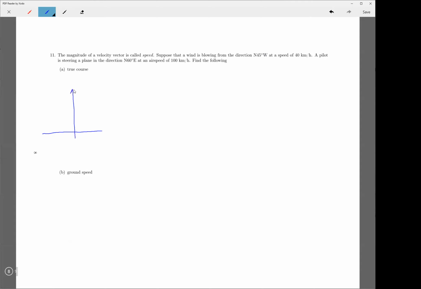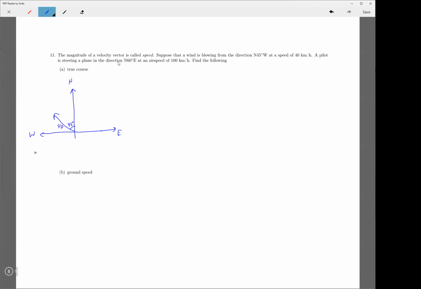So this is north, and west is over here, and east goes to the right. So the wind is blowing in this direction, and this is 45 degrees right here. And that magnitude is 40 kilometers per hour.